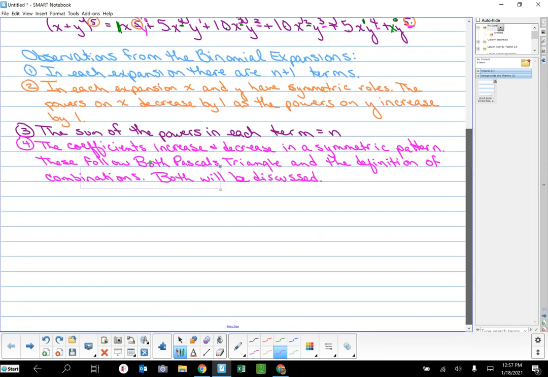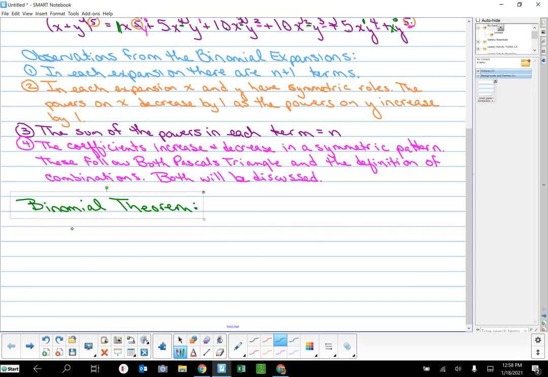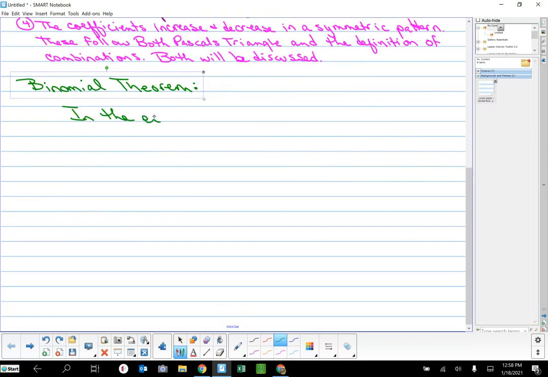All right, the binomial theorem. So in the expansion of x plus y raised to the n power, x plus y to the n is equal to, oh no, don't need that.